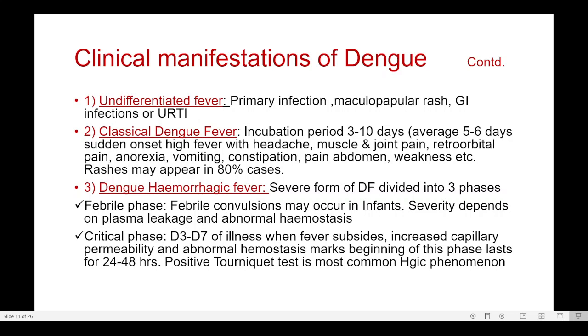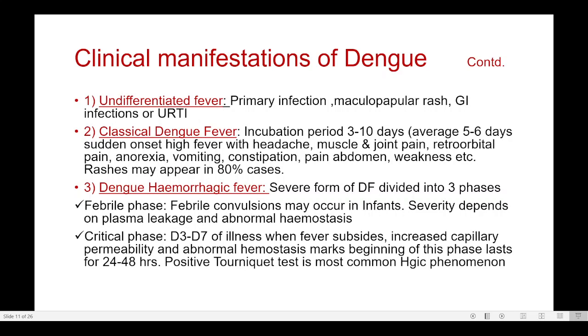Fever usually lasts for 5 to 7 days in classical dengue fever, and if it is not accompanied by any other catastrophe, that means plasma leakage or abnormal hemostasis, then recovery occurs completely, but the convalescence period may be prolonged. In these classical dengue fever cases, if not associated with any complication, the case fatality rate is comparatively low.